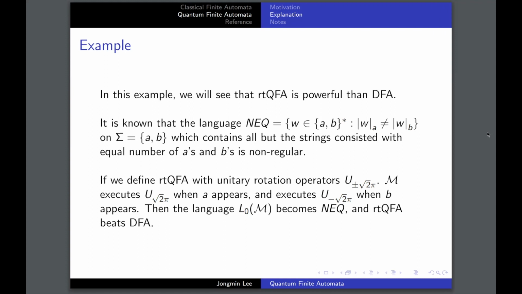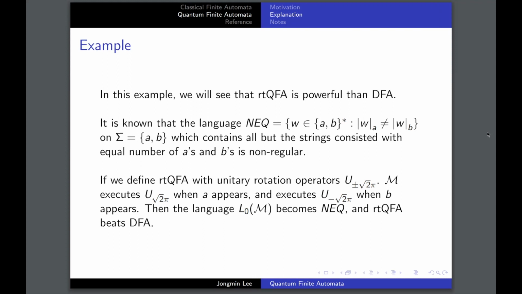I will not prove this, but it is a known fact. And I will say, for any q, the set of words generated with A and B, where the word contains different numbers of A and B, I will call this language NQ.